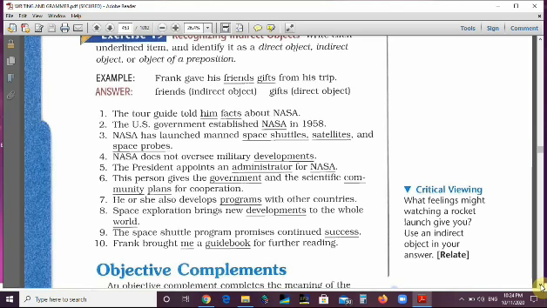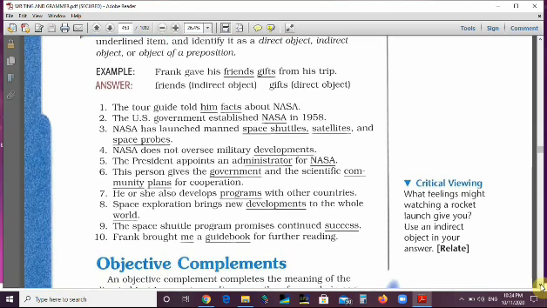Number 1. The tour guide told him facts. So facts is the direct object and him is the indirect object. The US government established NASA in 1958. NASA is the direct object. NASA has launched manned space shuttles, satellites, and space probes.